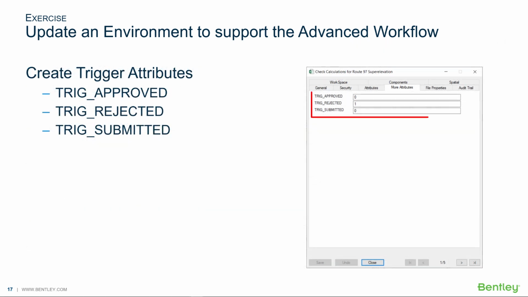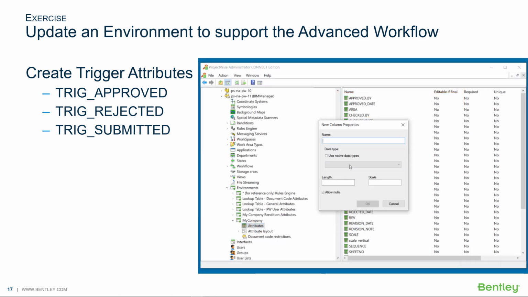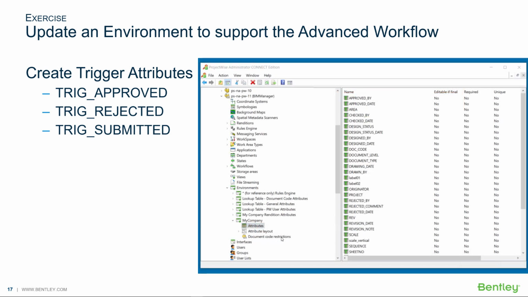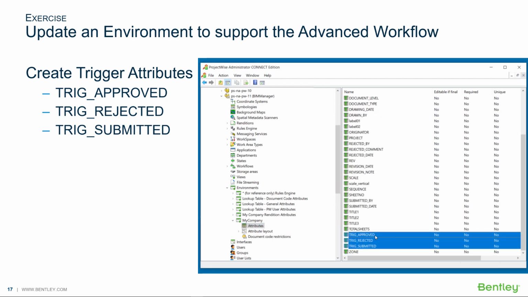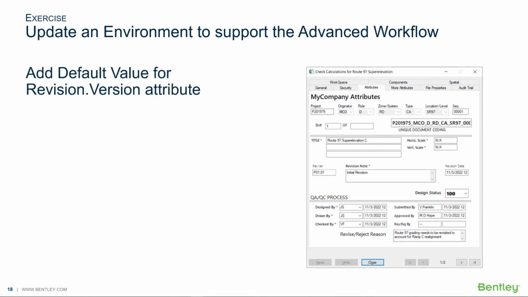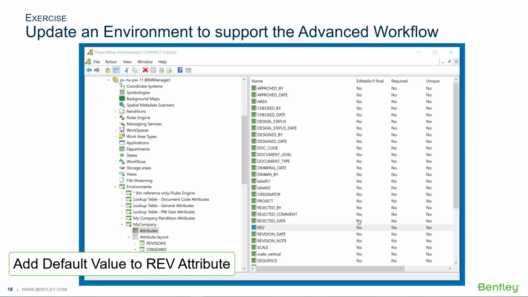To begin, we will create 3 trigger attributes. In ProjectWise Administrator, we create the trig approved, trig rejected, and trig submitted attributes as integers. Next, we will update the default value for the revision version attribute. In ProjectWise Administrator, open the properties for the rev attribute.